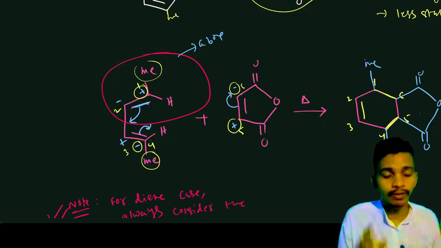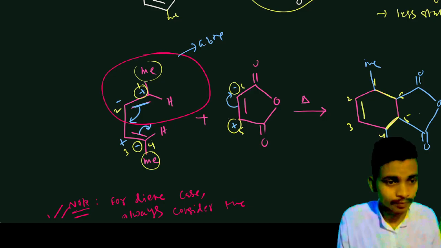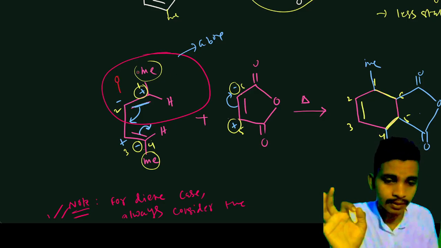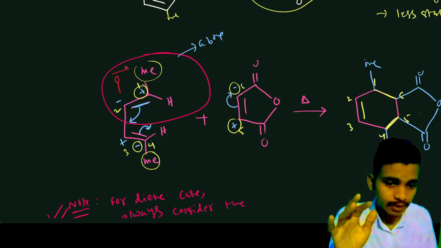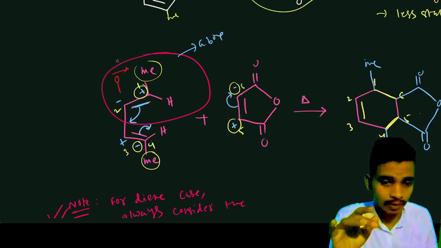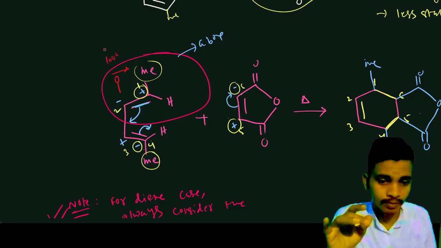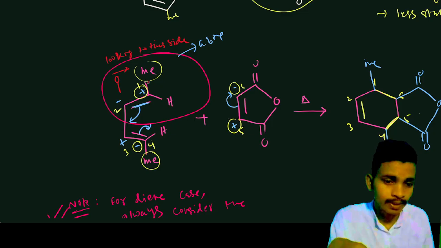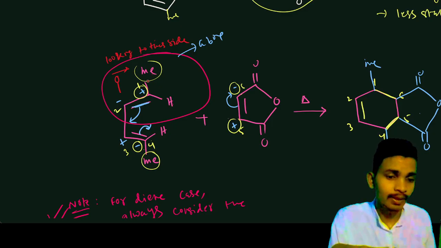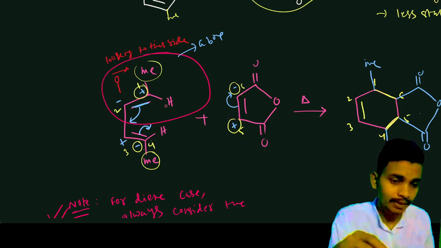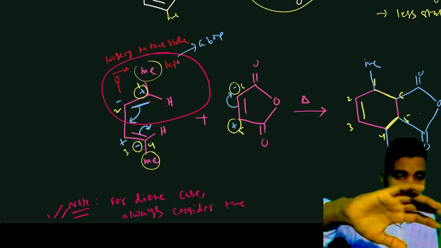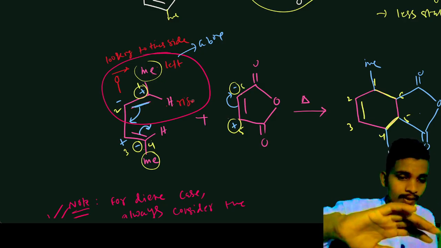Okay, so in this double bond, what we look at is, suppose you are here and you are facing this direction, looking to these sides, it means that this is your hand. If this is one hand, then this is going to be your left hand, and this is going to be your right hand.